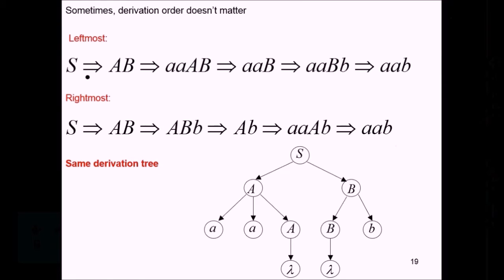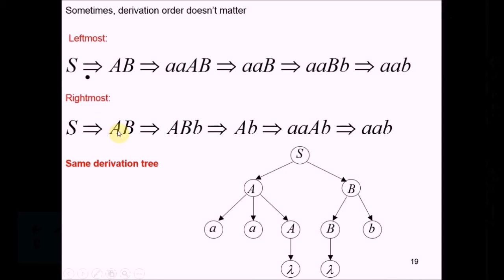In some languages, the leftmost or rightmost derivation order doesn't matter. As we can see in the given example, S goes to AB. We use the leftmost substitution method, which means we substitute the value of the leftmost non-terminal symbol first. So we substitute the value of A with AAA, and then we substitute the value of B with BB, and finally we get the expression AAB with the help of leftmost substitution.